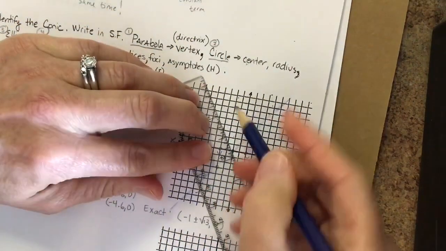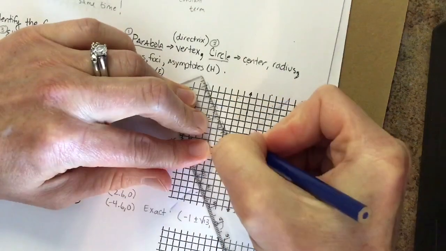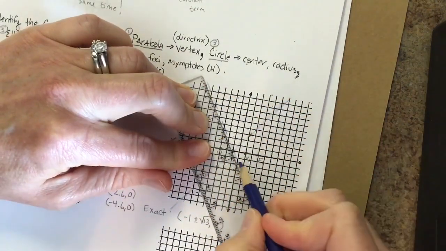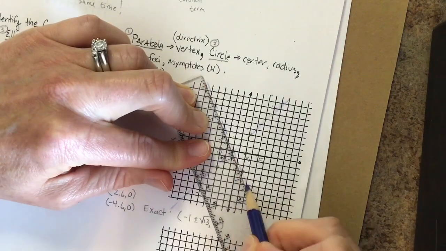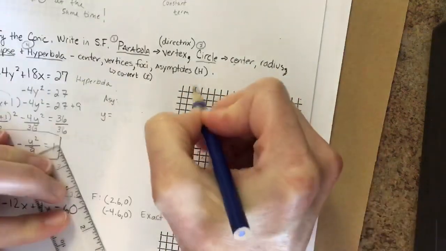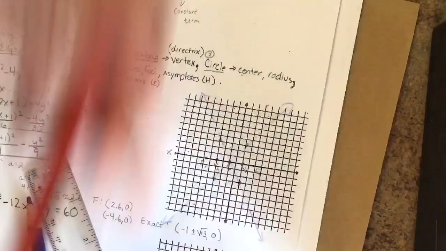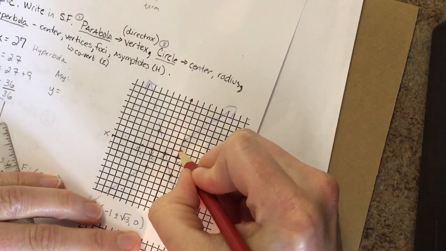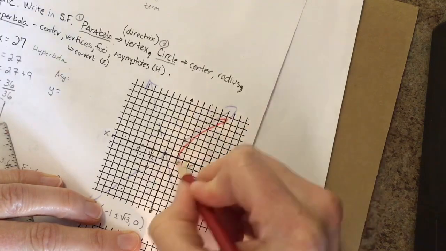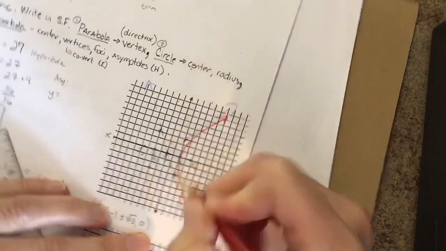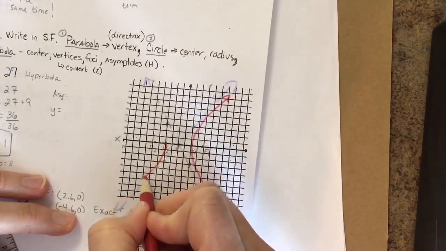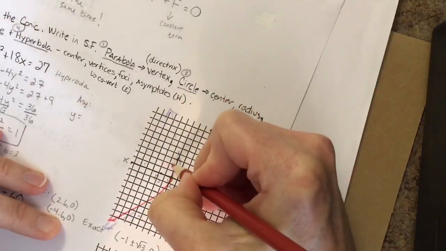Try this. Here are the asymptote lines. And I'll try red to draw the hyperbola. Yeah, that looks pretty good. Nice. Okay.